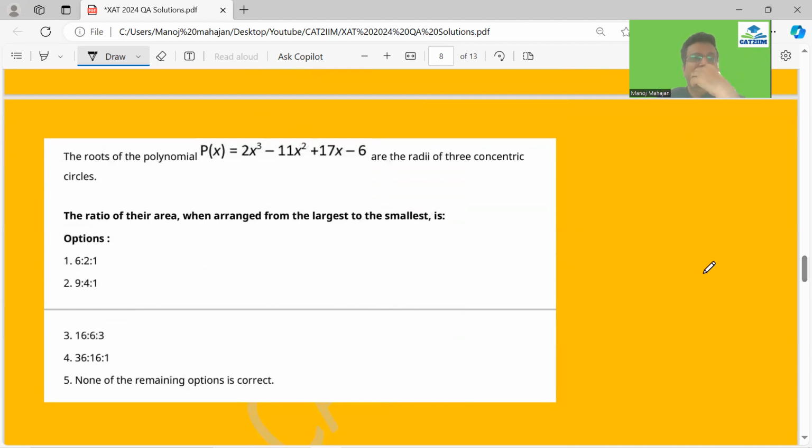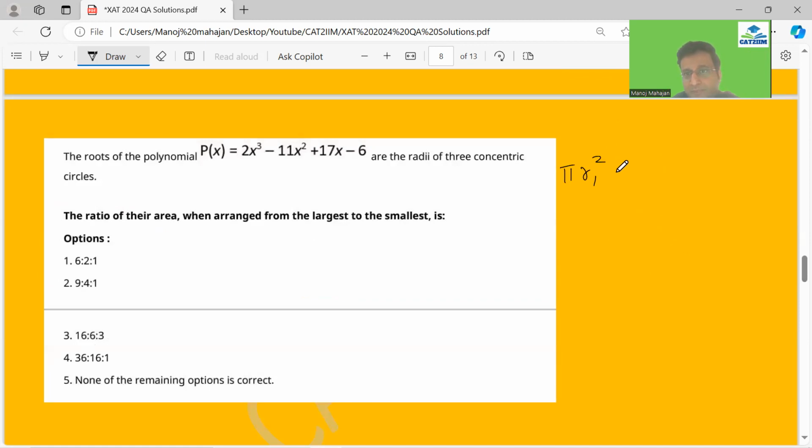So it's a mix of algebra and geometry, and the geometry is not a very hardcore concept, right? They're saying these are the radii of the three concentric circles, so the concentric part did not play much role out here. If you just get the radius of each of them, we can arrange them from largest to smallest.